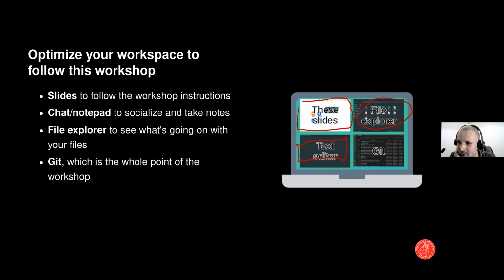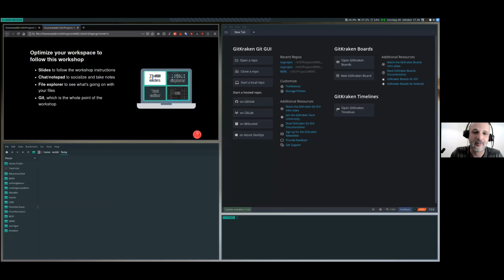Then I would like you to have one space for your file explorer where you're going to see the files from the project we're going to create here. And then finally, your favorite Git interface. I don't care if that's a terminal or VS Code, RStudio, GitKraken, whatever. This is also kind of how I've organized myself here, except I don't have the notes.